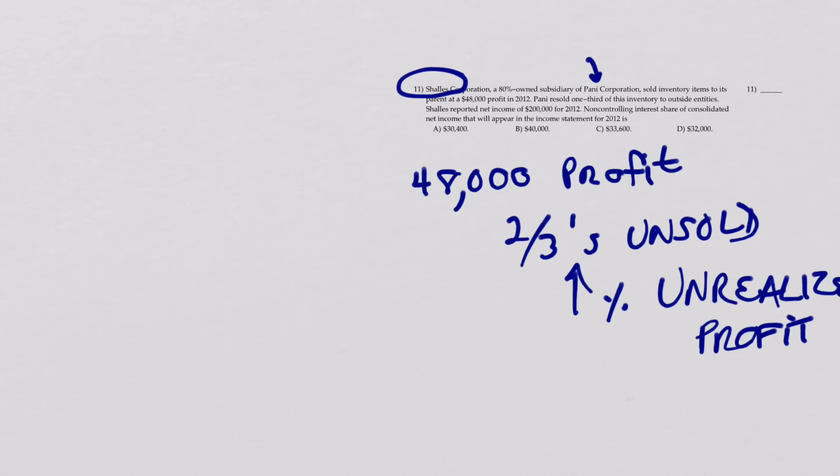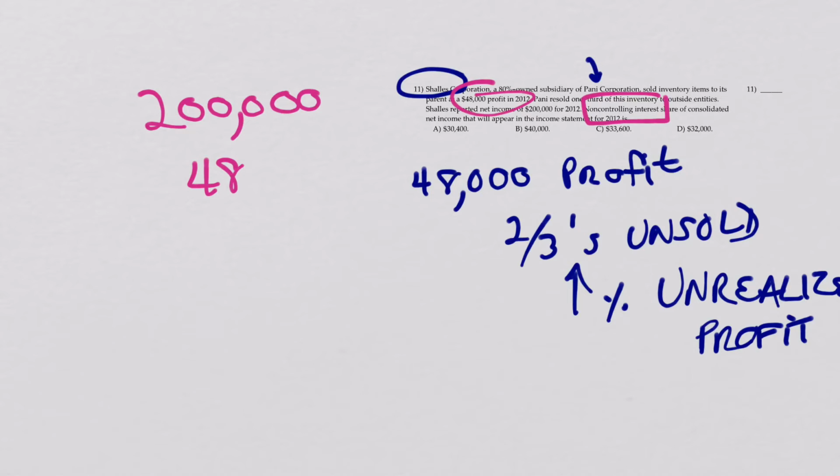What they want to know is, what is the NCI, the non-controlling interest share of the consolidated income? We're told that the subsidiary reported $200,000 of net income, which includes the $48,000 profit. So that's inside of this number here.